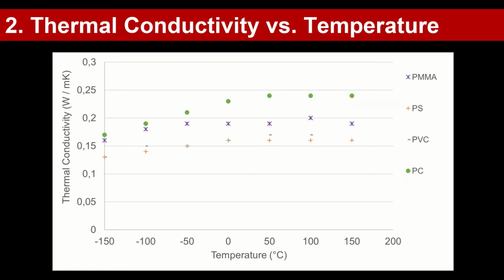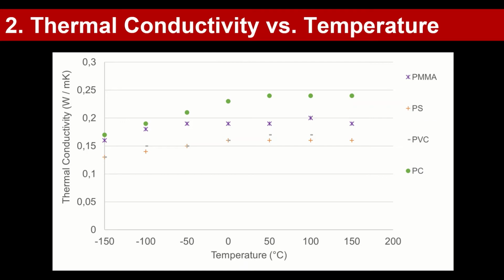What you can see here is on the y-axis the thermal conductivity in watt per meter Kelvin, and on the x-axis the temperature. We start at minus 150 up to 200 degrees C, and in this chart we see mainly the amorphous polymers: PMMA, polystyrene, PVC and polycarbonate.